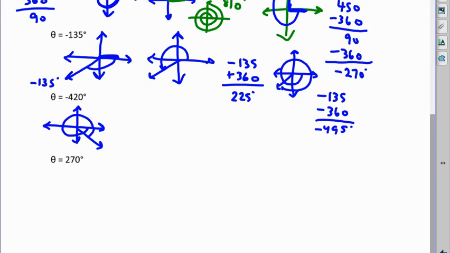This is negative 420. Always draw your angles. So if I'm going to draw a positive angle going to there, just 60 degrees off here, so it's like this. Well, let's see here. That would be 300 degrees.